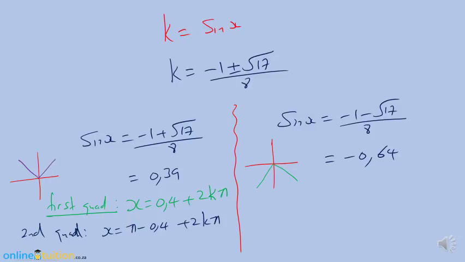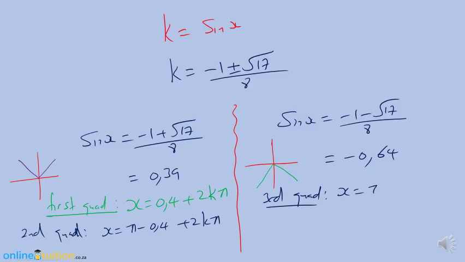Or what we can do is introduce a reference angle. So you go inverse sine of 0.64. That angle turns out to be 0.695, or 0.70.